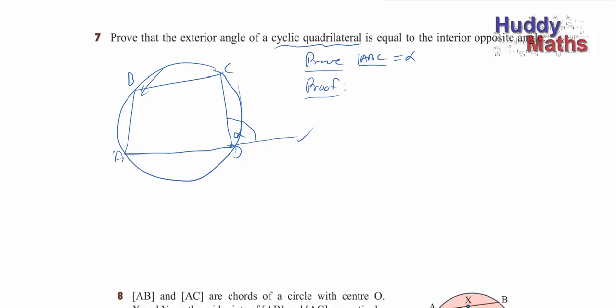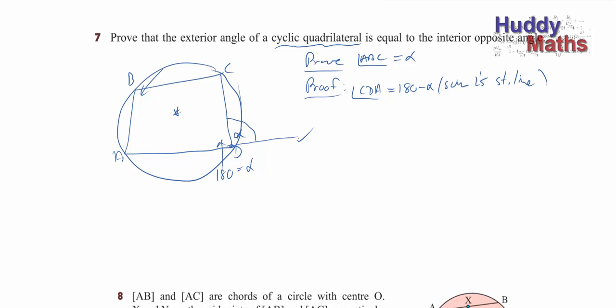Cyclic quadrilateral, we can say, well, first of all, we've got to get in to use it, don't we? So let's find this angle. Angle CDA is 180 take alpha, and that's angles on a straight line. Okay, 180 take alpha in that little hole there.